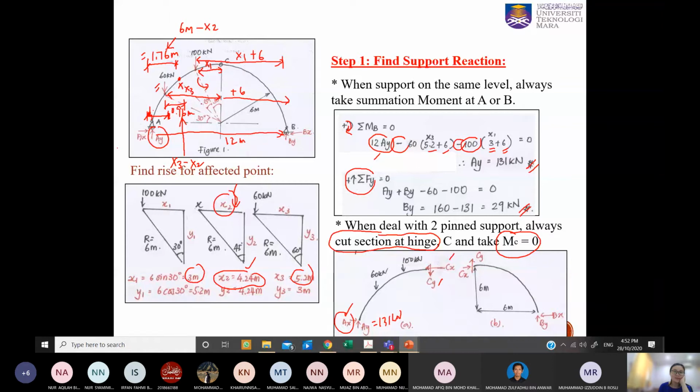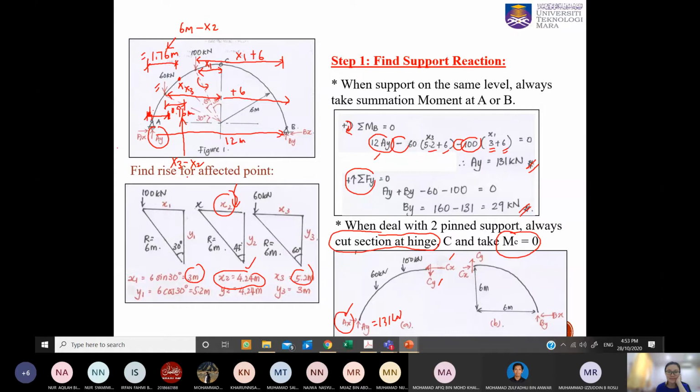Because the total length to the rise is x3 from 60 kilonewton, and from X is x2. So x3 minus x2 should get this 0.96 meter.